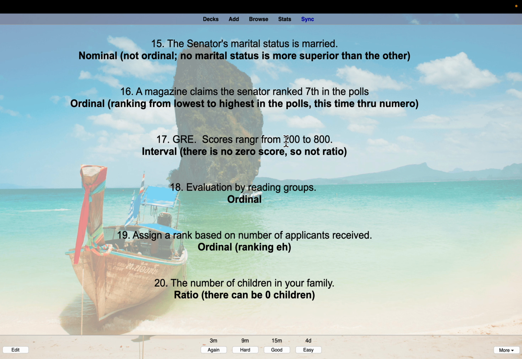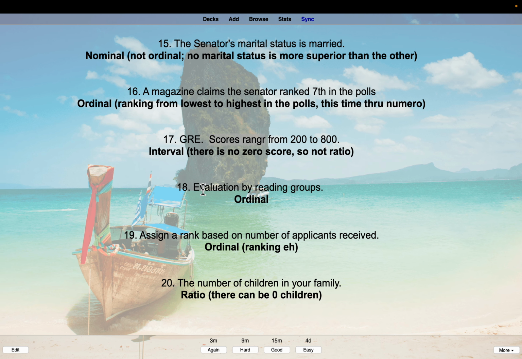My question is, I'm not really sure about the answer either. What if we have a range of scores from 0 to 800 instead? Will that still be interval, or is it enough to consider it to be ratio? I'm not sure. We'll leave it to that.